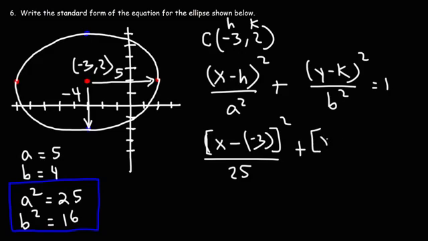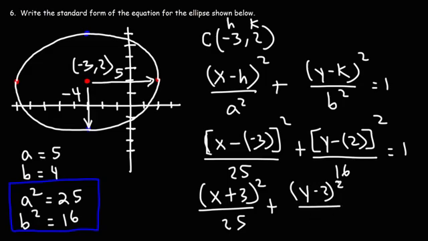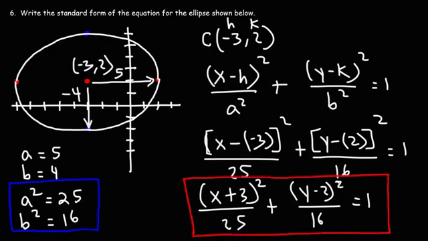And then y minus k is positive 2. B squared is 16. So this becomes x plus 3. So we change negative 3 to positive 3. Squared over 25 plus y minus 2 squared over 16 is equal to 1. So that's how we can convert from the graph to the equation in standard form.